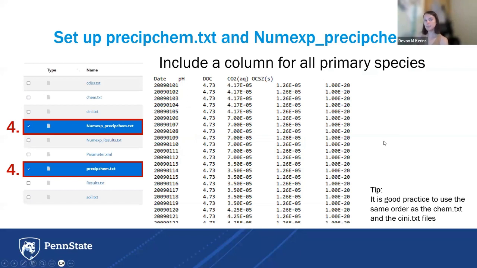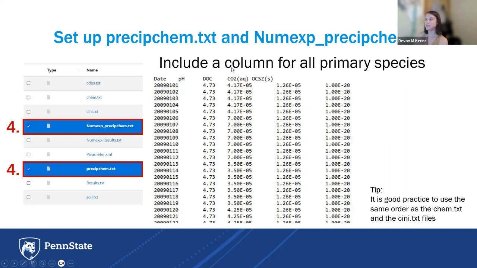And then the very last input file we will amend and set up are these numeric or precipitation chemistry input files. Again, I like to make sure within this precipitation input file that I've listed all of my primary species. In this precipitation input file, we will just include our primary species. I like to make sure that I have them in the same order I have specified them in my other input files.